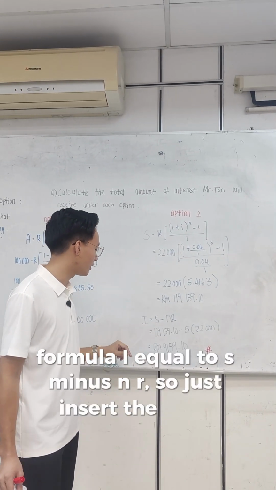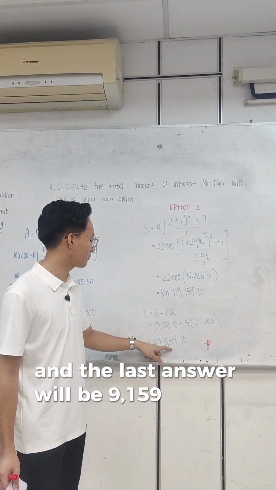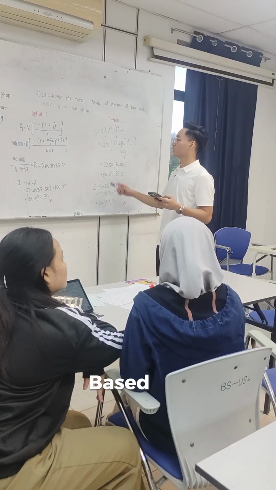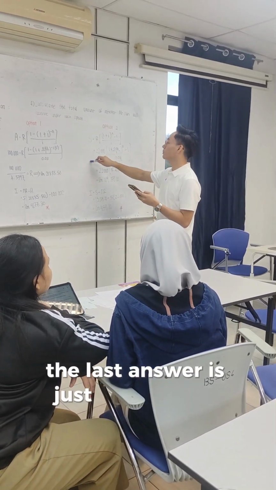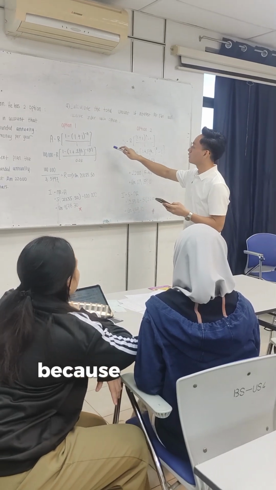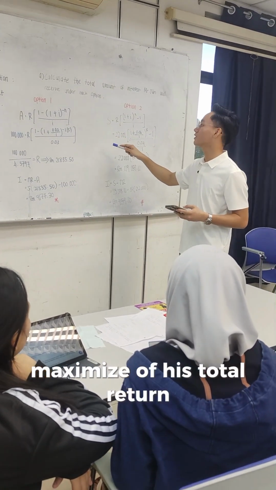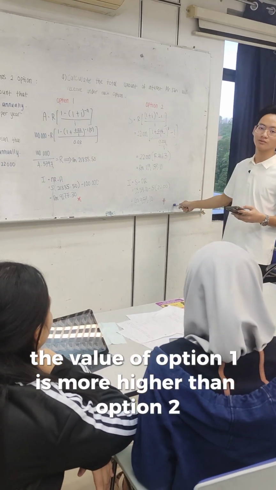So just insert the value, and the last answer will be 9,159.10. So based on the last answer, we will choose option 1 because option 1 is recommended to maximize his total return, because the value of option 1 is higher than option 2.